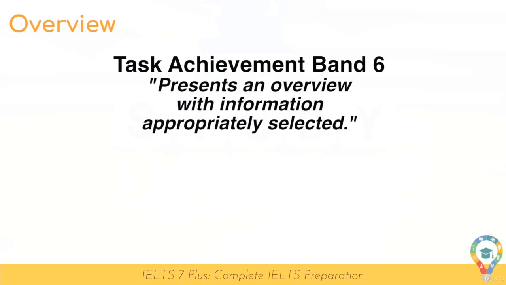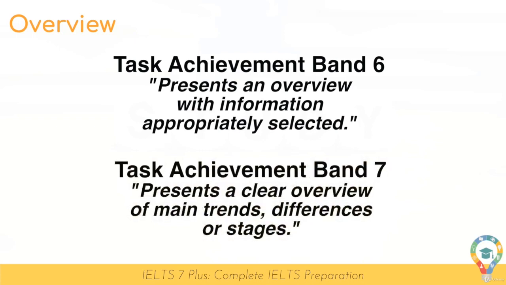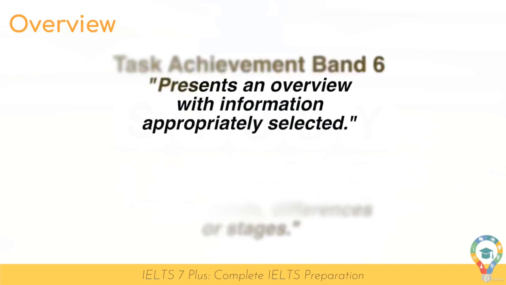And to score a Band 7 in Task Achievement, the descriptor states this, presents a clear overview of main trends, differences, or stages. So as we can see, it's very important that we include an overview in our report. But what exactly is an overview? Let's take a look at that now.